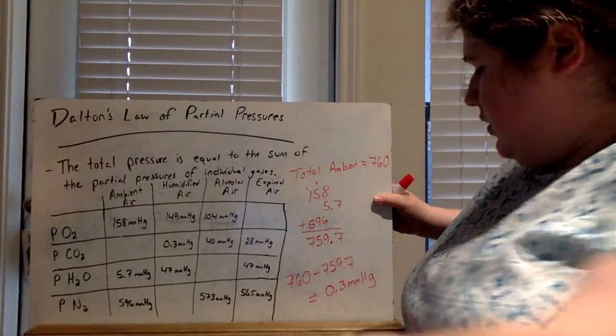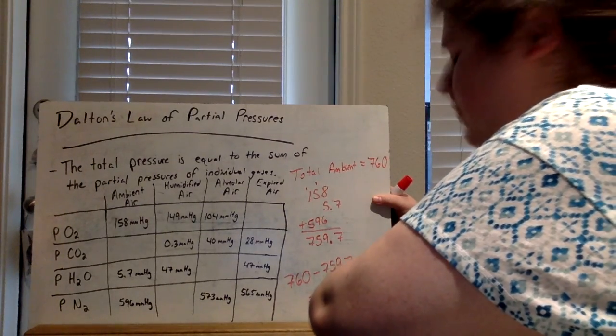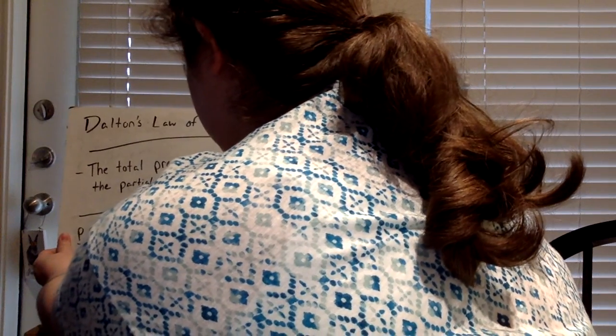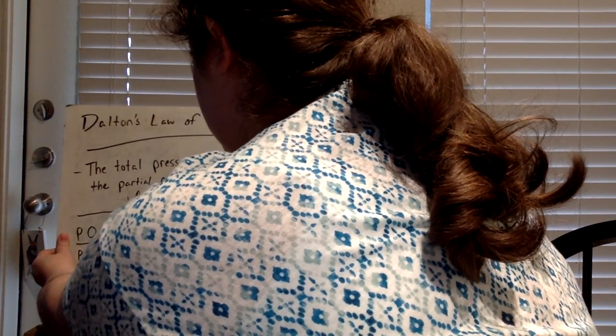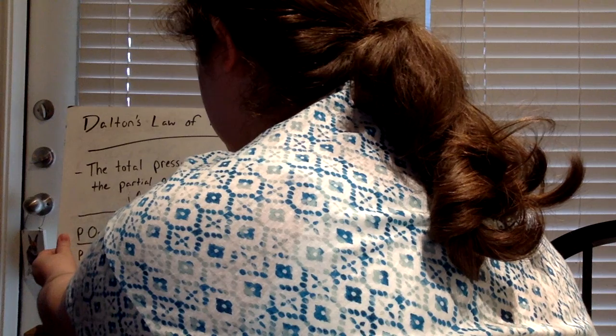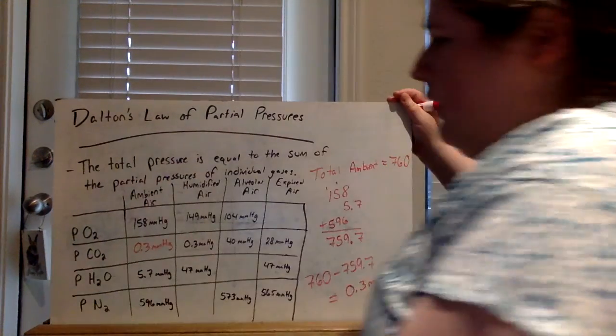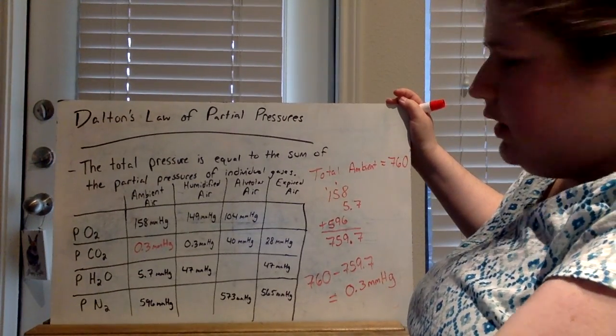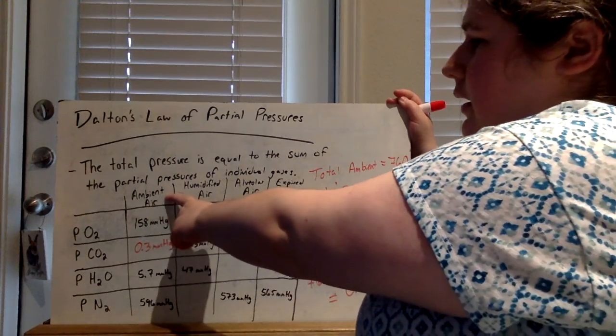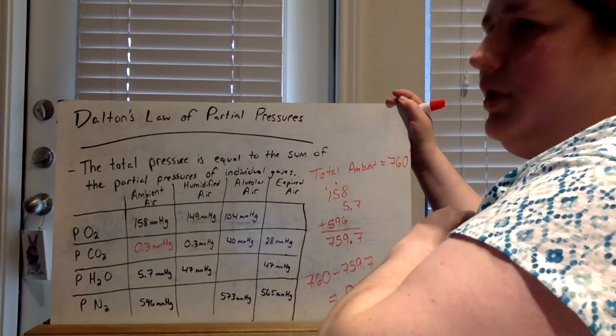Okay, so the partial pressure of carbon dioxide is 0.3 millimeters mercury. I'm going to fill that in right here. 0.3 mmHg. That is my partial pressure of carbon dioxide in ambient air, so the air that I'm breathing right now.